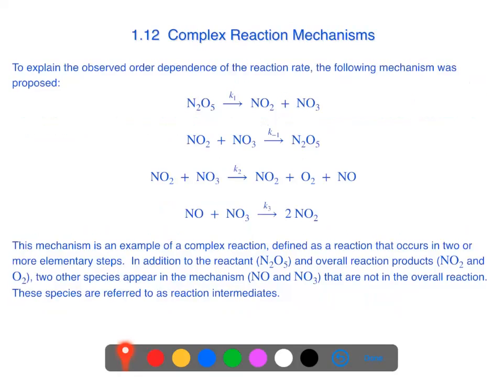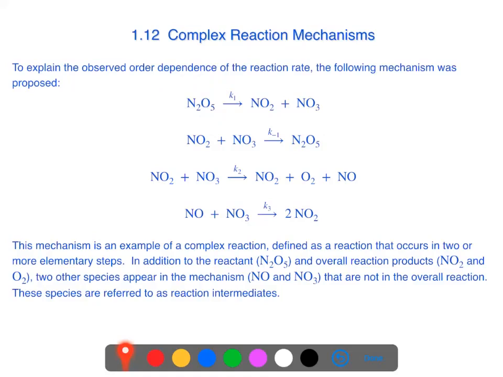So to explain the observed order dependence of the reaction rate, a more thorough or more complex reaction mechanism must be proposed. And this is the mechanism that's proposed for this particular reaction. We have 4 elementary reaction steps involved. We have N2O5 decomposing to give us NO2 and NO3.